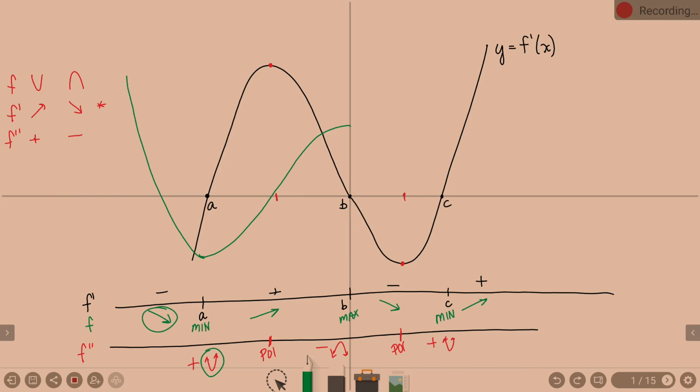Yeah, ish, we're ballparking it here. So there is a POI, there is a min, here is a max.